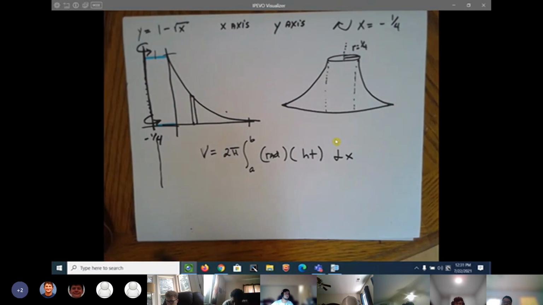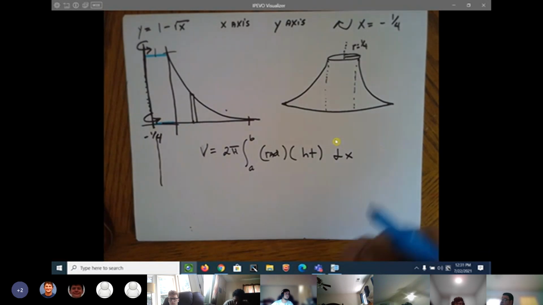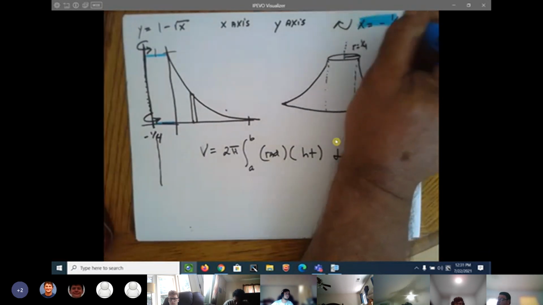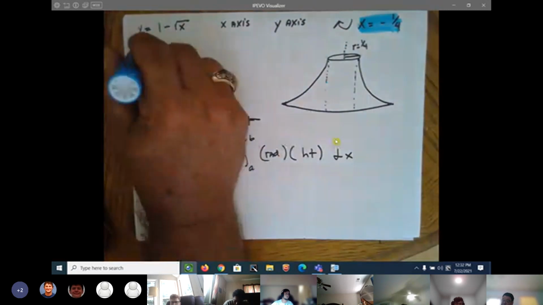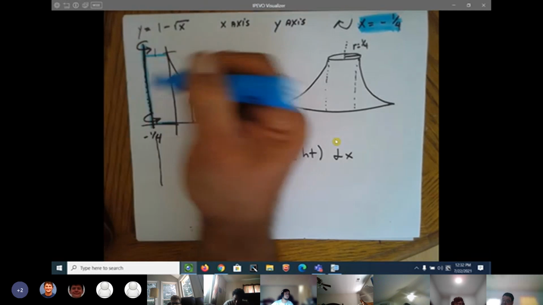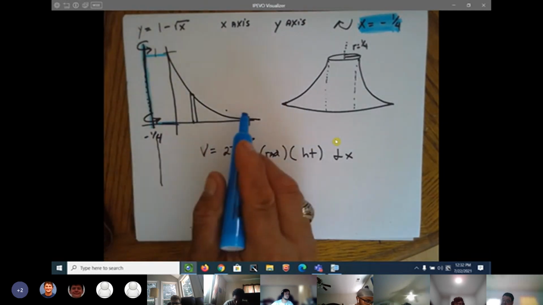And don't forget, let me do my colors here. All right, so I'm going to use this. If I were to start out at the axis, how would I be able to get to the function?